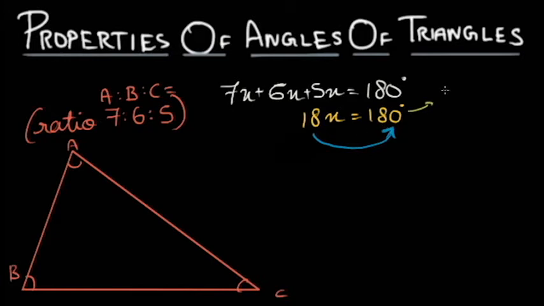When we take 18 to the other side, since it is 18 into x, it will turn to 180 divided by 18.